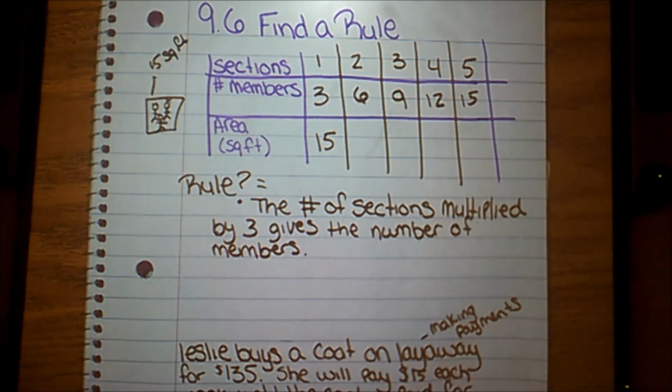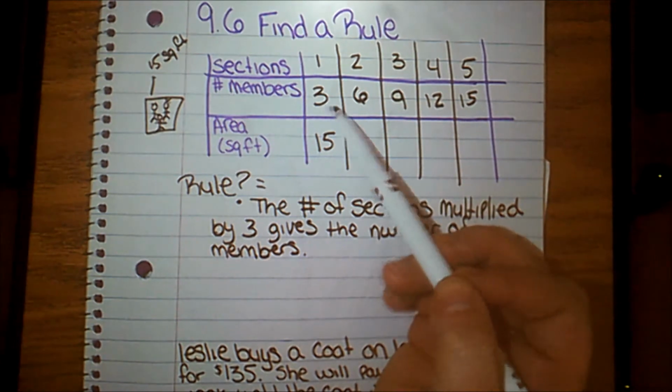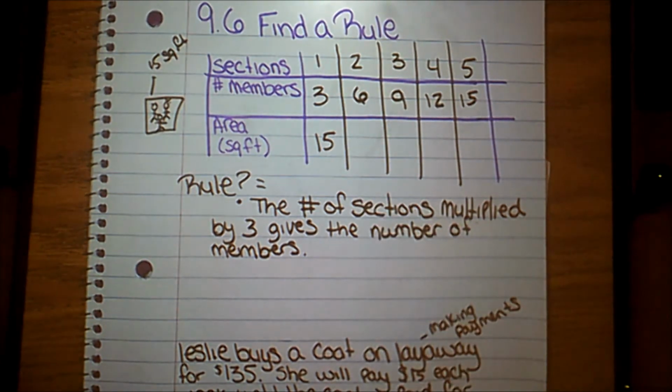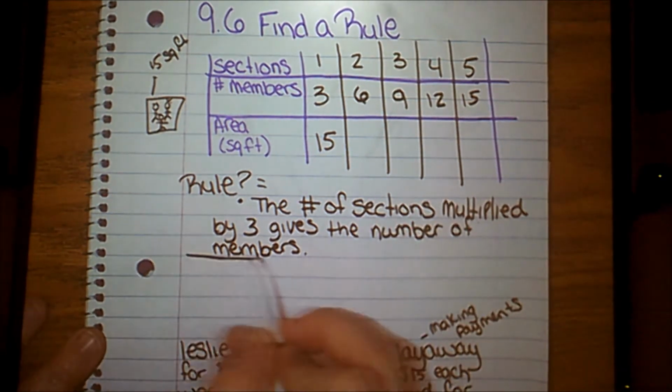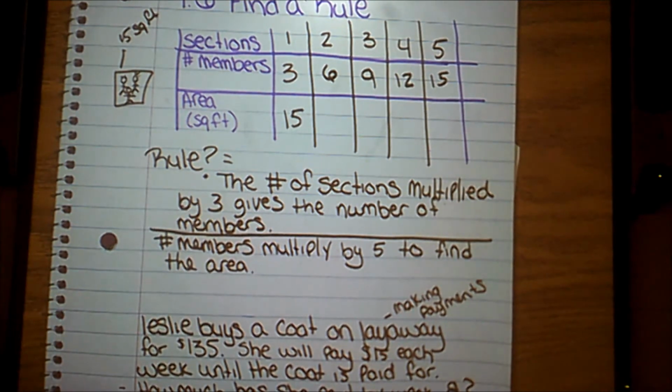Oh, you know, 3 times 5 equals 15. And I did hear that word every again. So for every 3 people, or each 3-person section is 15, I'm thinking I could multiply. I think I could take the number of members and multiply it by 5 in order to find the area of the archaeological dig.